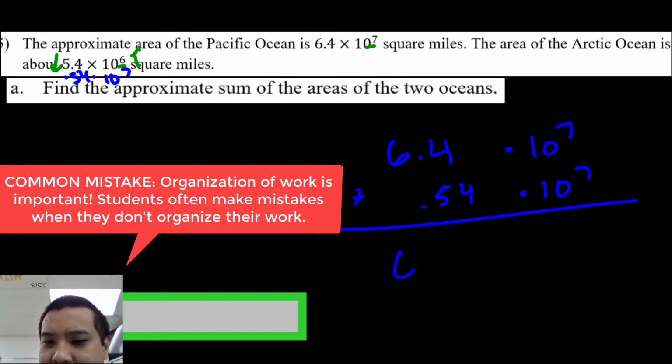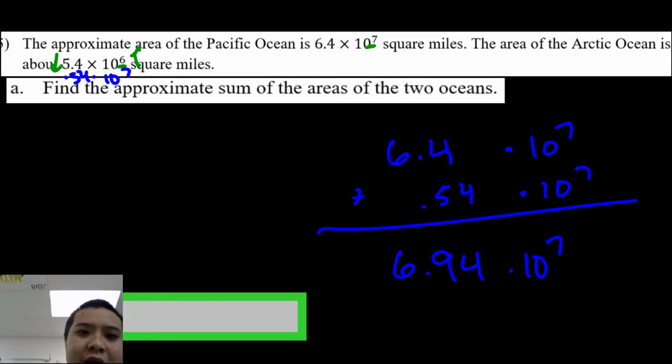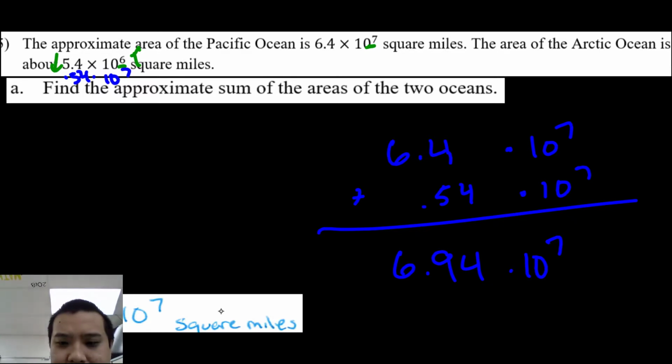And what we get is 6.94 times 10 to the 7th square miles. This is in scientific notation right here, so we don't have to change a thing.